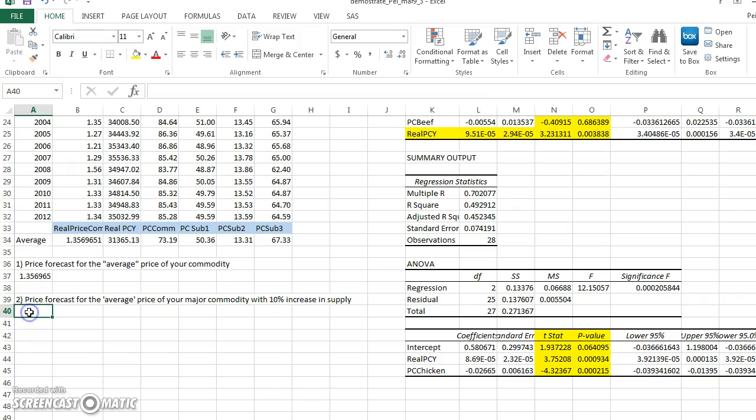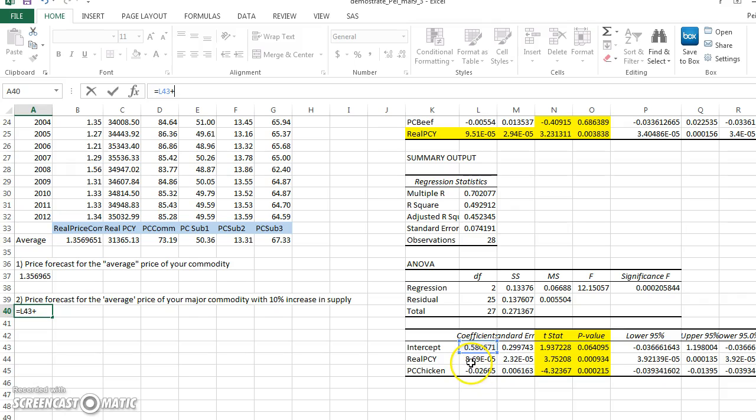Okay, so to do this forecast, we're going to click equal. We're going to include our alpha, which is our intercept. We are going to click plus.